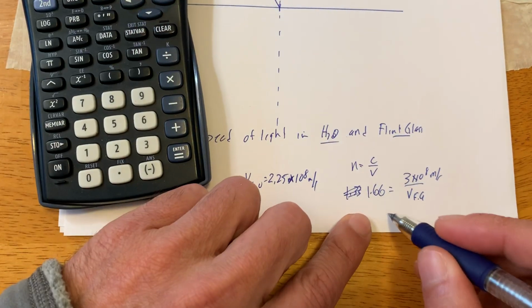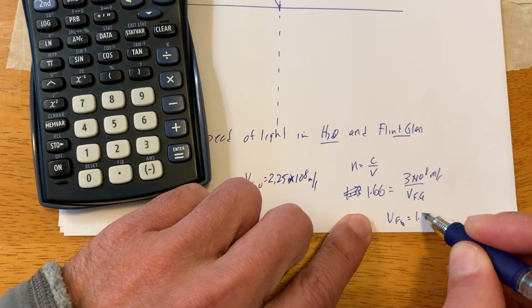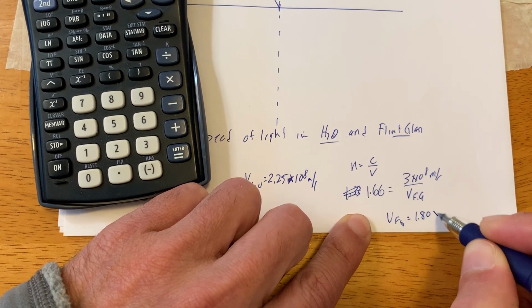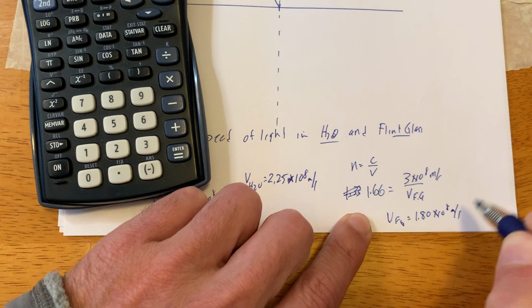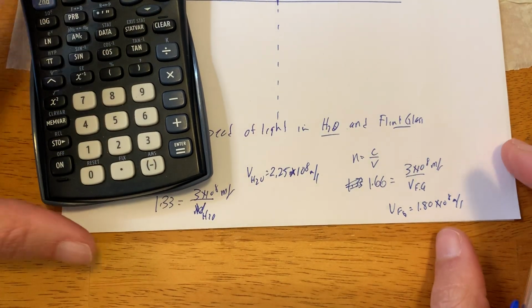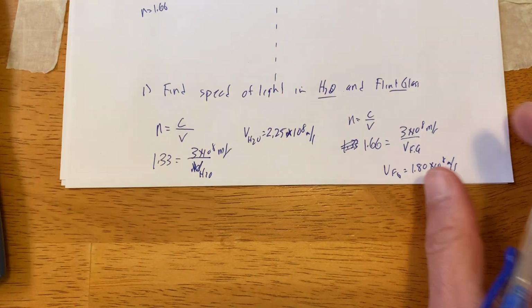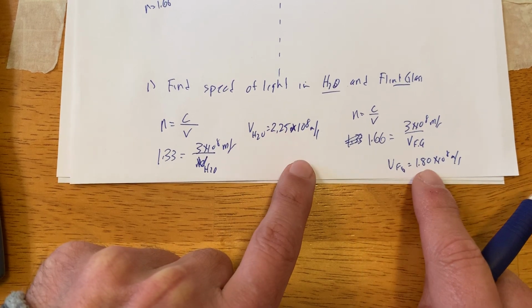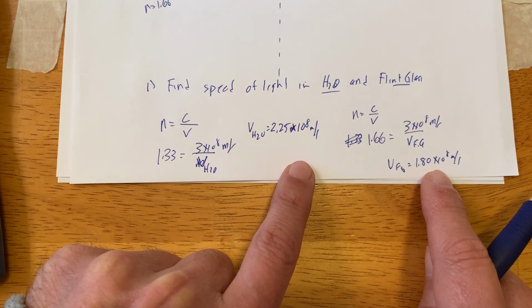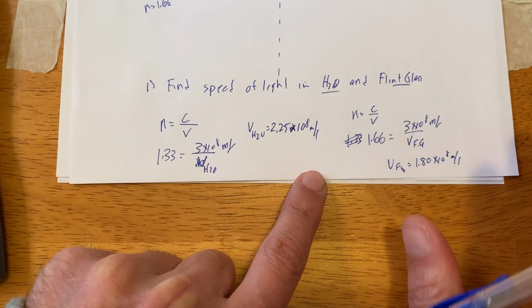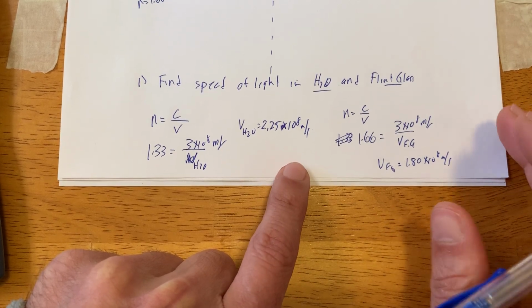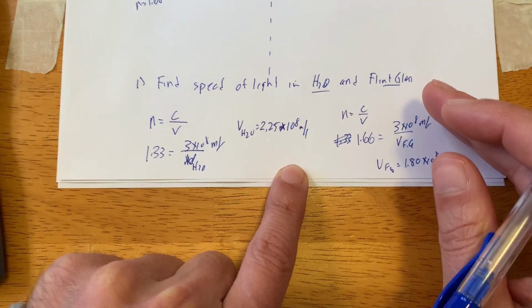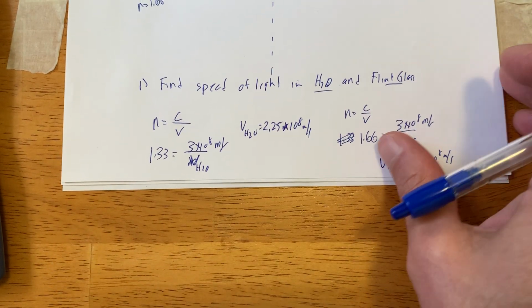So a velocity in the flint glass, 1.80 times 10 to the 8th meters per second. Did I slow down? Well, I did. So I went from 2.25 times 10 to the 8th to about 1.8 times 10 to the 8th. So it did, in fact, slow down. So that's one question answered. Do you know that I'm going to slow down?